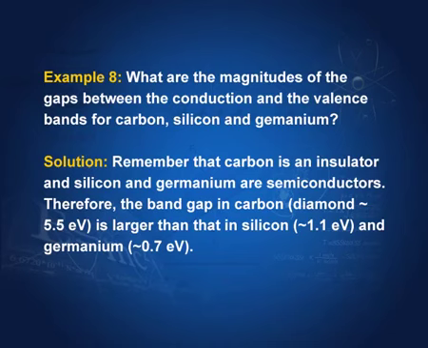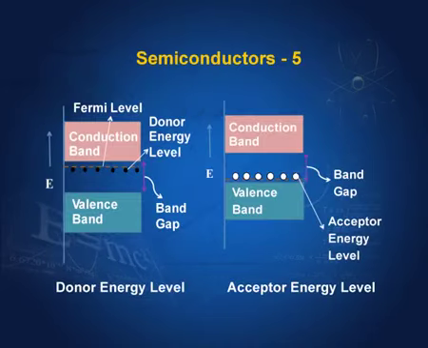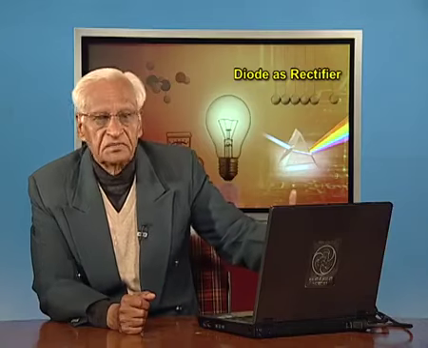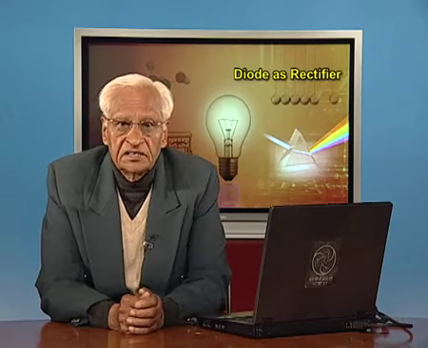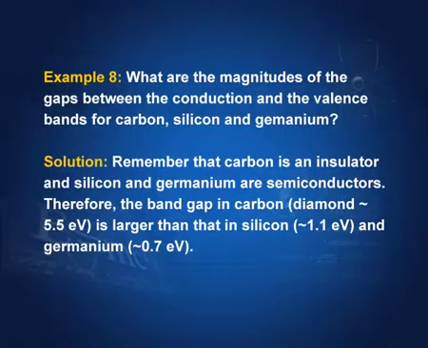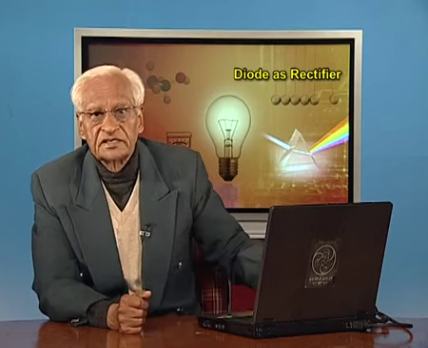Carbon, silicon and germanium? Let me remind you that in a semiconductor we have a conduction band, we have a valence band, and then there is a gap between the two, and this gap determines whether the substance would act as a conductor, semiconductor or an insulator. And we know that diamond, which is a form of carbon, is an insulator.